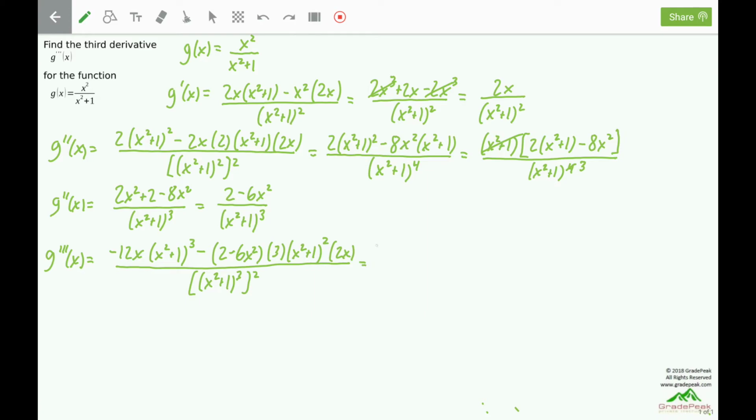Now in the numerator, I have a negative 12x and an x squared plus 1 cubed. I also have a negative, a 3, and a 2. Putting those together, I have a negative 6. I have an x.